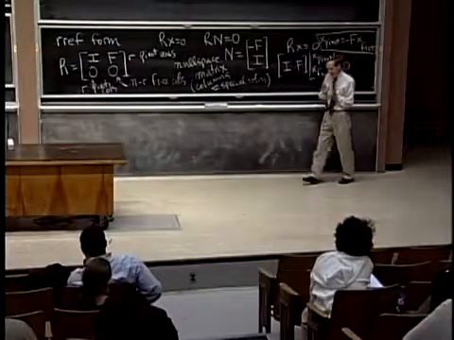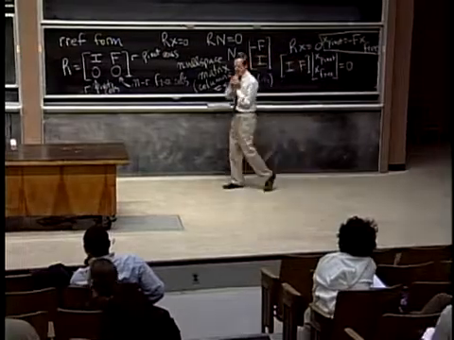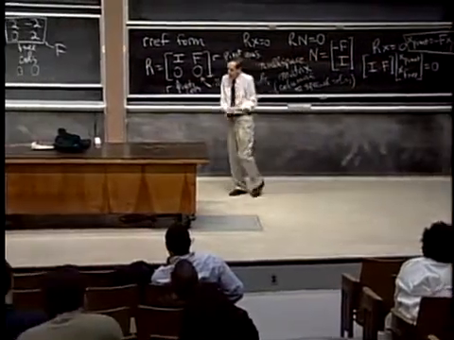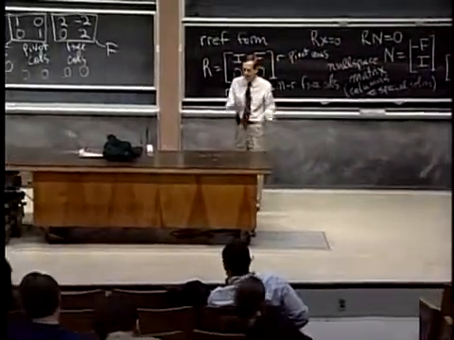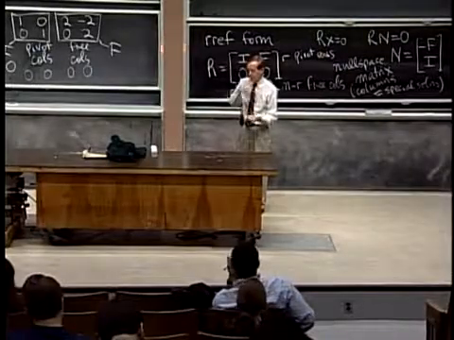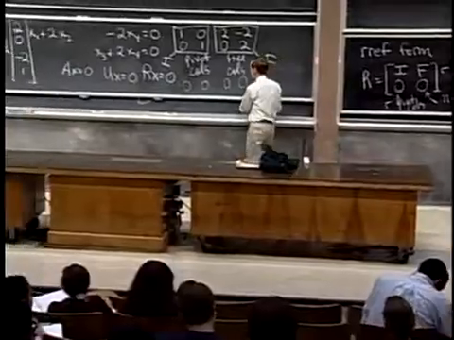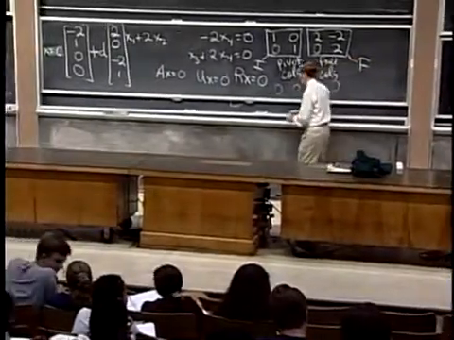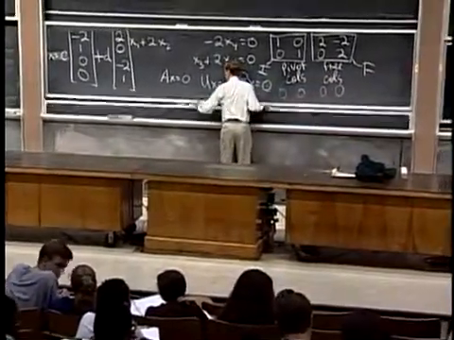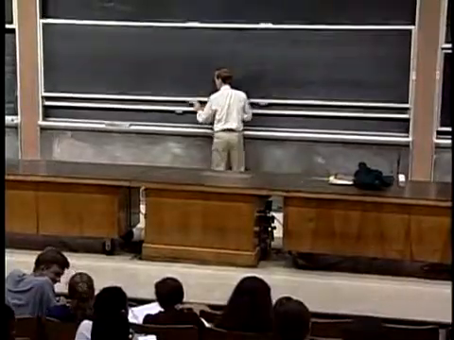Okay. Can I do another example? Could you do another example? Let me just take another matrix and let's go through this algorithm once more. Here we go. Here's a blackboard for another matrix.